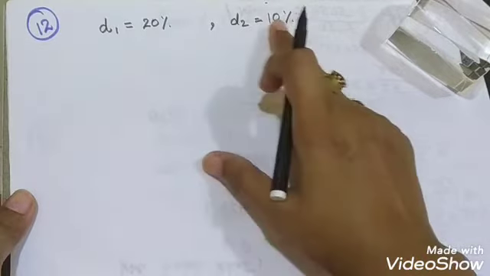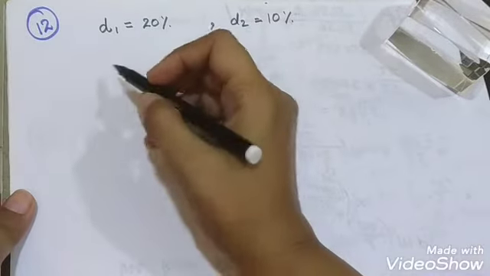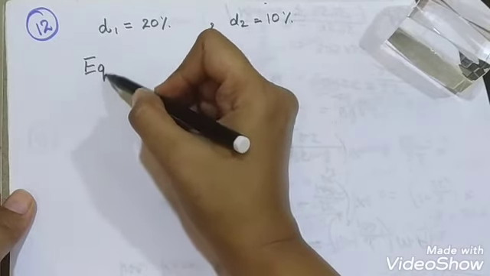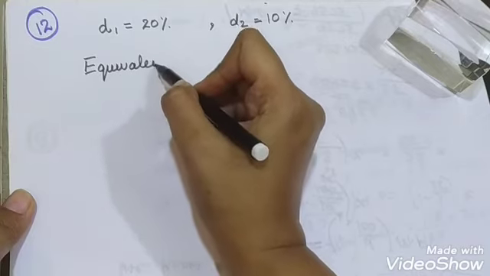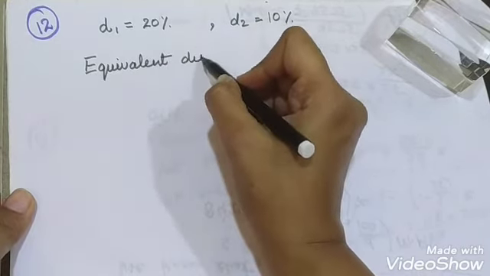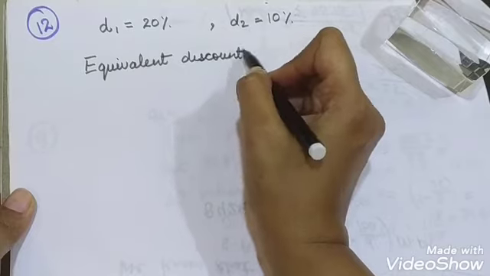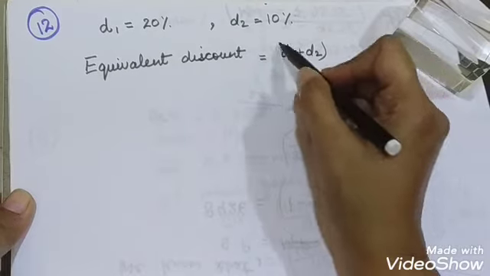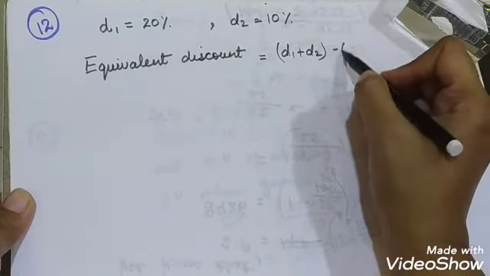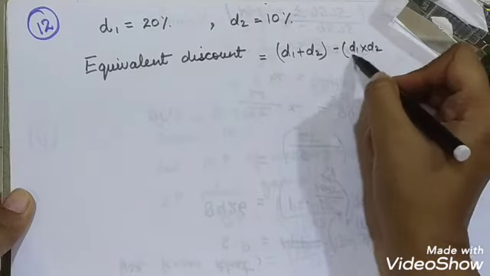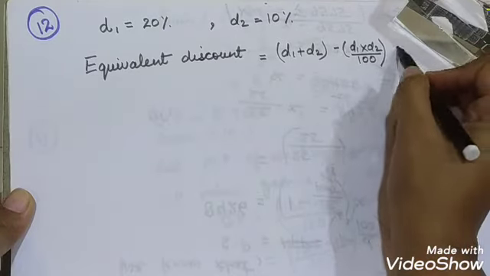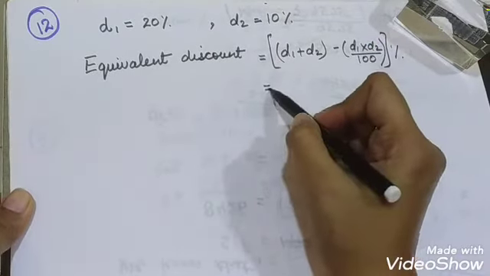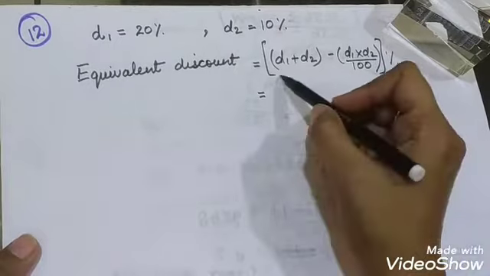So first you will write D1 and then you will write D2, and you will use the formula which I told you in the beginning of this exercise, that equivalent discount is equal to D1 plus D2 minus D1 into D2 upon 100, in percentage. Whatever answer you get, you will add the percentage symbol with it.